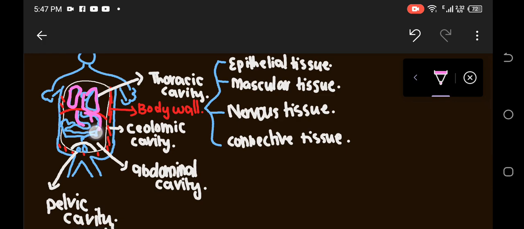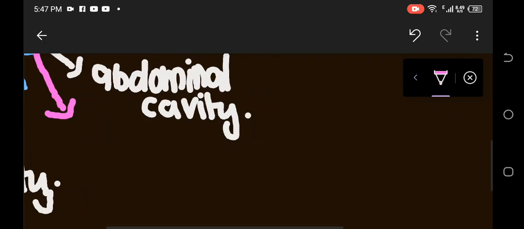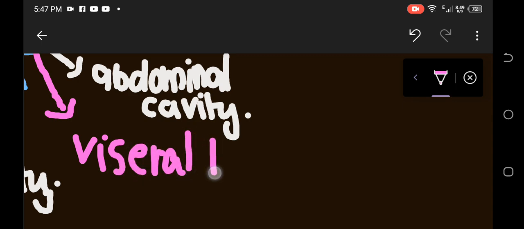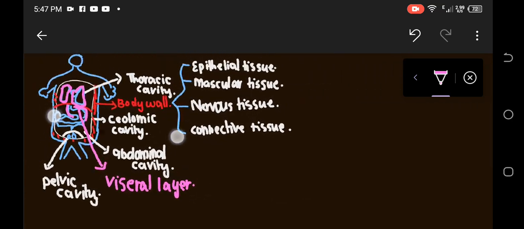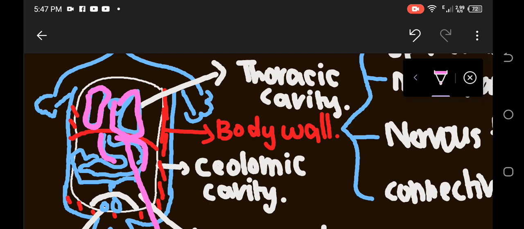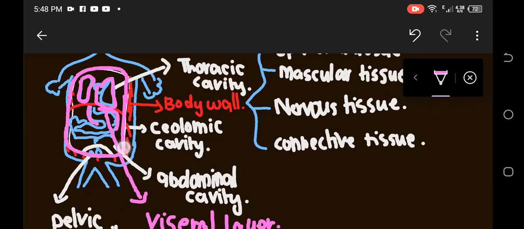Let me write it over here: visceral layer. After that, the coelomic cavity is also covered with one layer. That layer is known as the peritoneum layer.